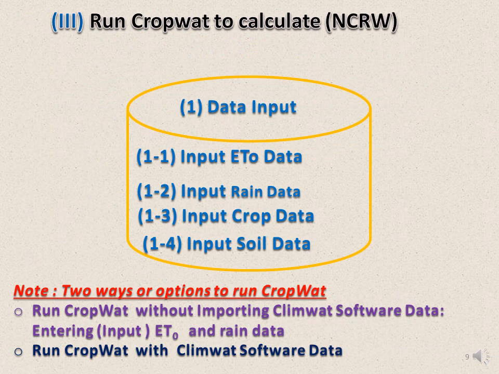Input. We are going to run and get the result of CropWat software. We must at first input data. We input 4 types of data: ET0 data, rain data, crop data, and soil data.